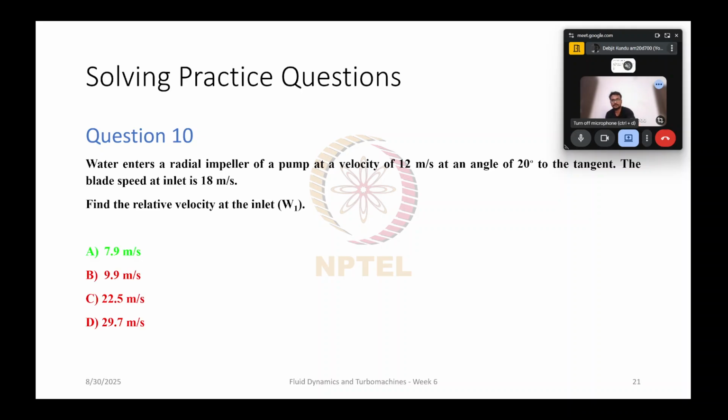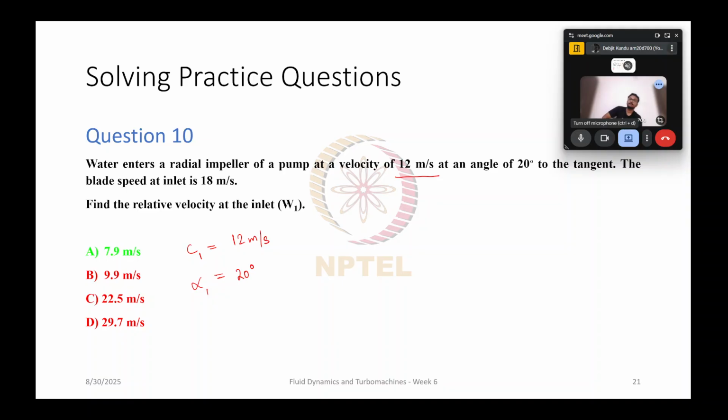Okay, so let's see how to solve this. The answer is 7.9, but how do we get there? So first write down what are the things that we know. We know that the absolute velocity is 12 meters per second. So C1 is 12 meters per second. Then the 20 degrees is not the blade angle, that's the angle to the tangent.